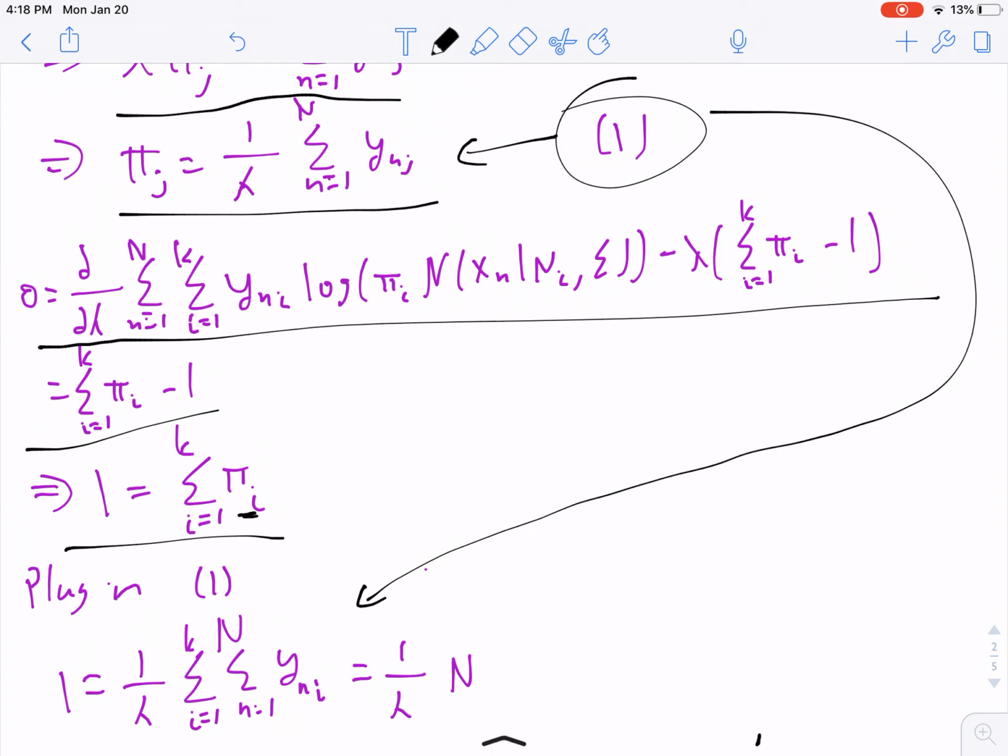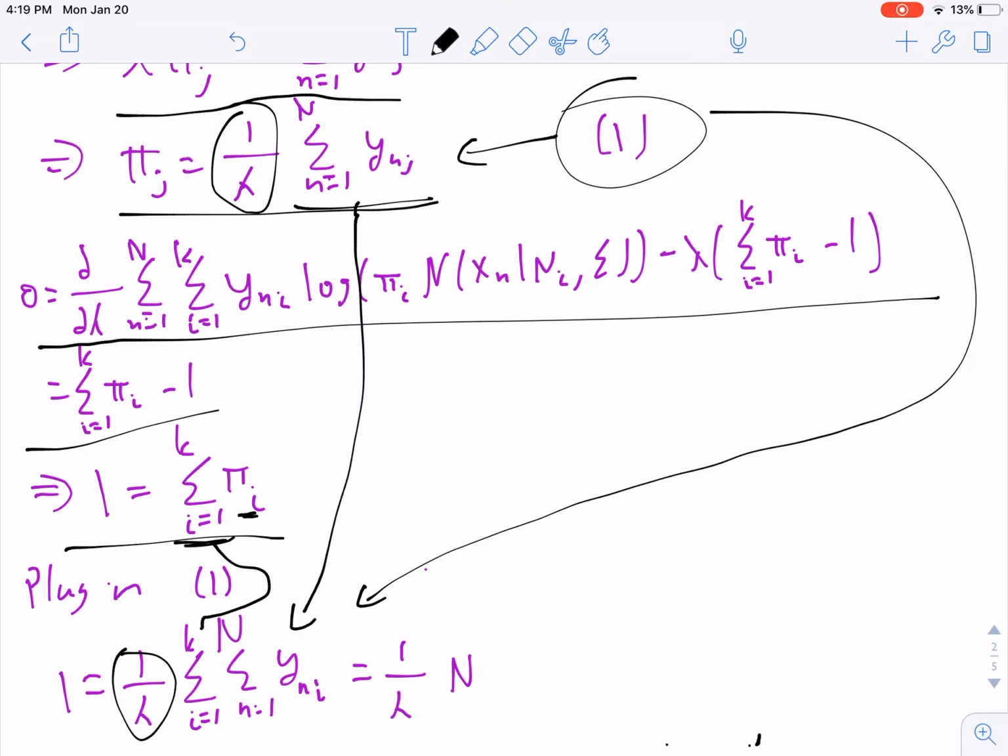That gives us that 1 is equal to, and I pulled the 1 over lambda out the front here, 1 over lambda times the sum from i equals 1 to k of, and then we substitute this part in, the sum from n equals 1 to big N of y_in. And remember, y_n is a one-hot vector, so it's only 1 in one of its arguments, and the rest of its arguments are 0.